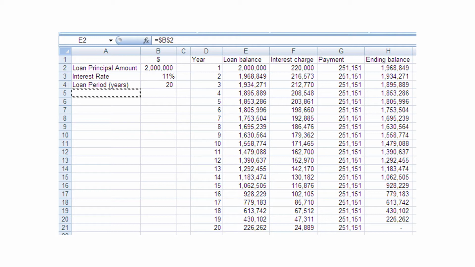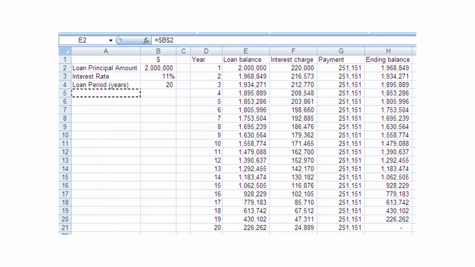The loan table illustrated is for a 20-year loan with an interest rate of 11% and initial principal of $2 million. Note the payment over the year stays the same. Note in year 1, the interest payment is $220,000. So the payment, reducing the principal, is $251,151 minus the interest of $220,000, big number, would be $31,151.